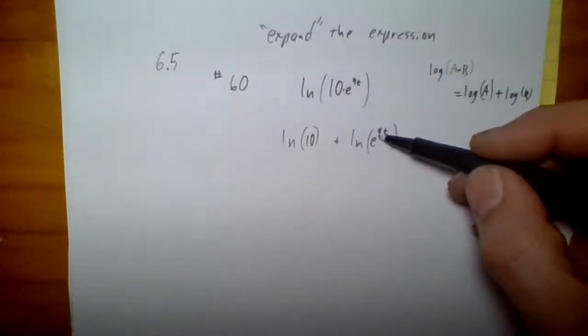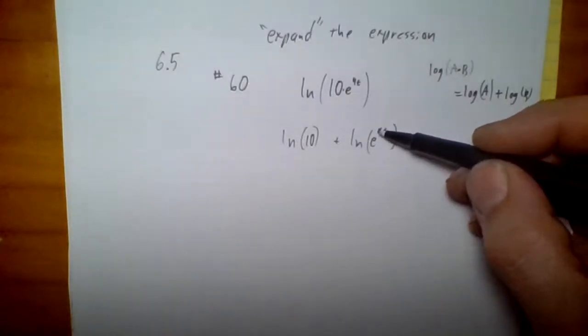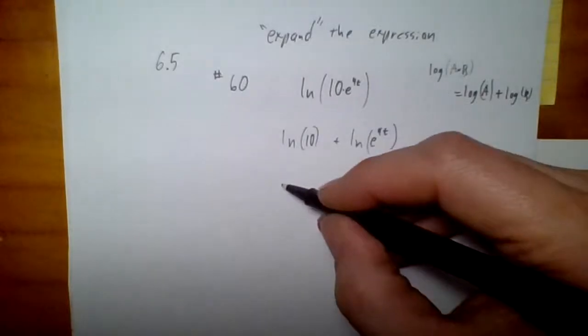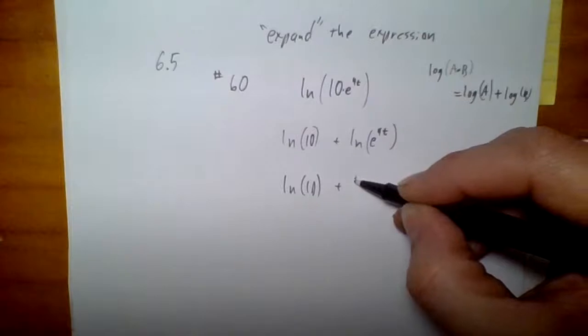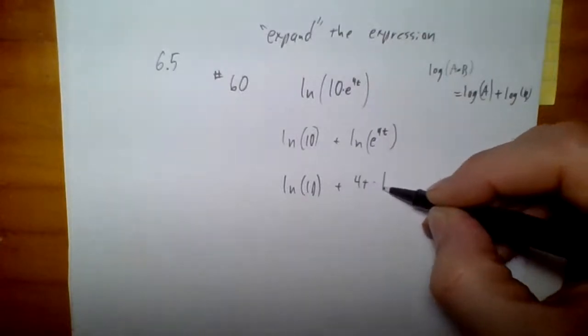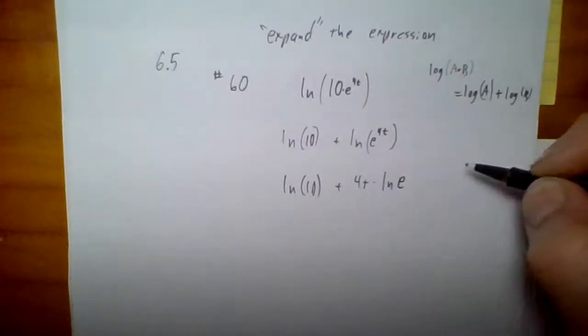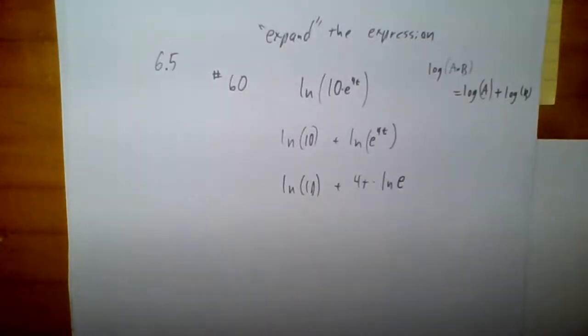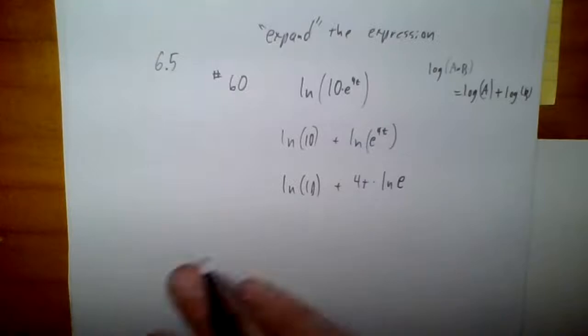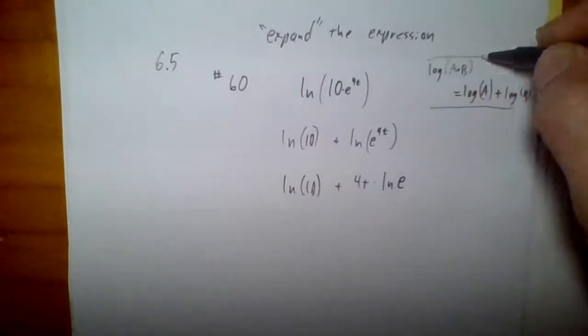Anytime there's an exponent, it turns into a multiple out here. So the natural log of 10 stays there. This is the same as 4t times the natural log of e. Any power can be turned into a multiple of the logarithm using this property.